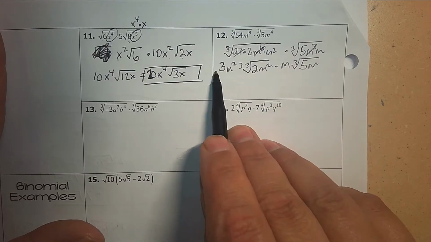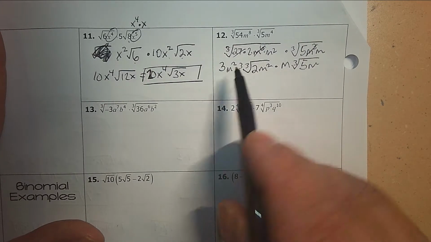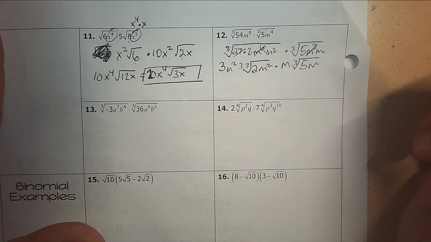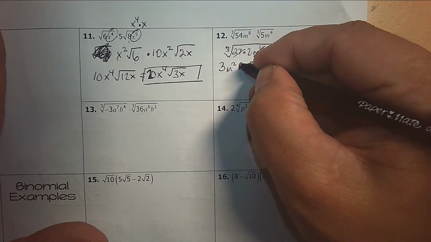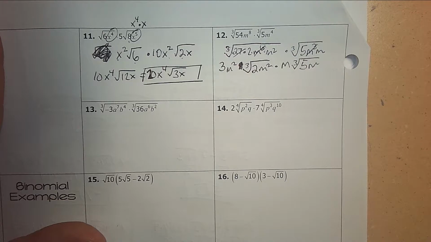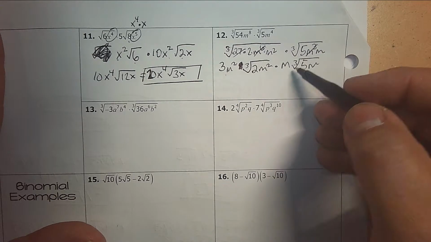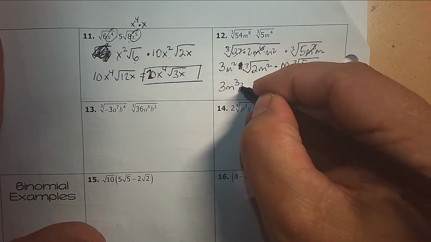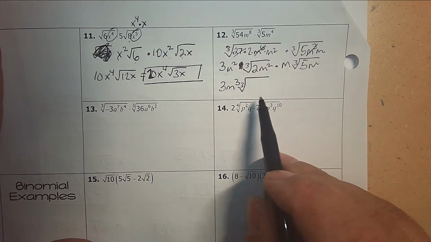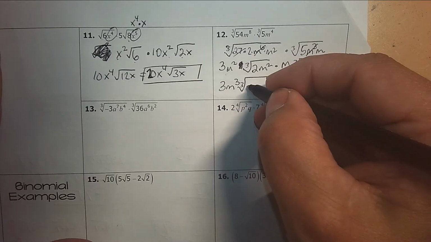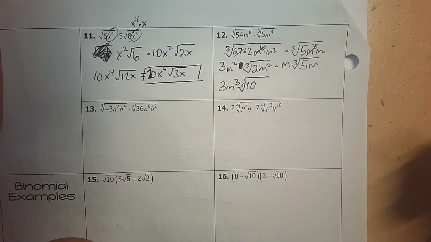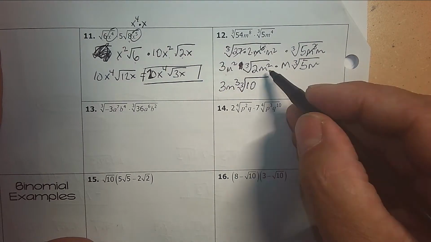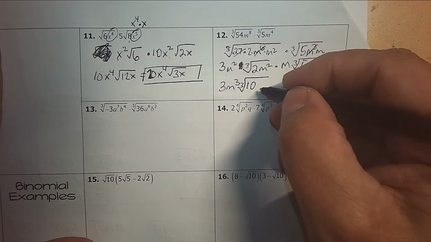So 3 times that. Do I have too many 3's there? So 3m squared and m would be 3m cubed. And then under the radical sign would be 2 times 5, which is 10. That's prime. And then m squared times m is m cubed.